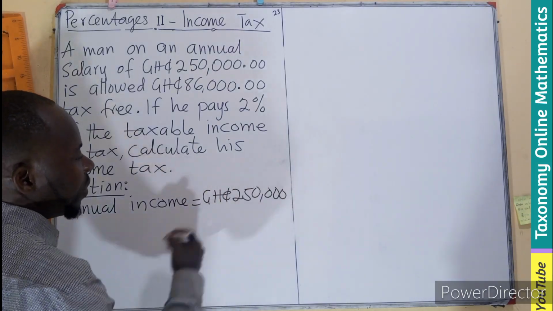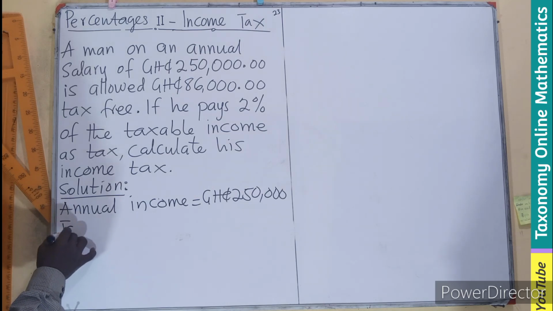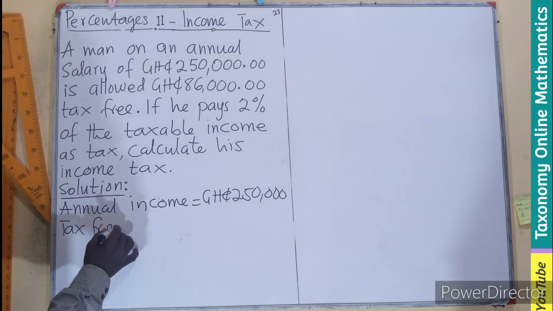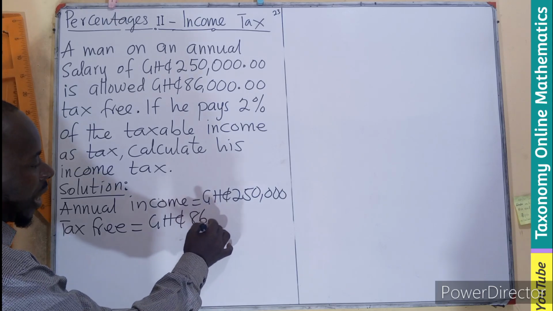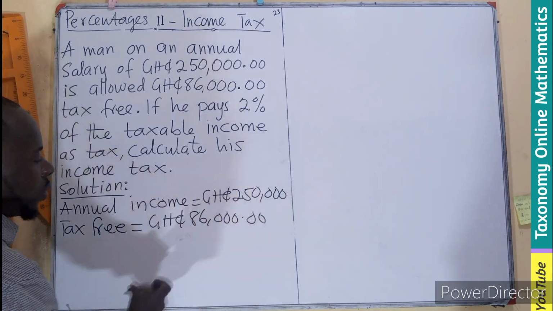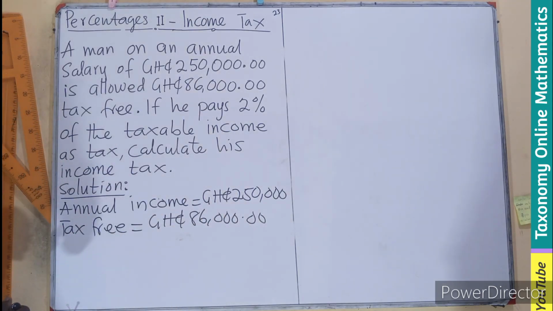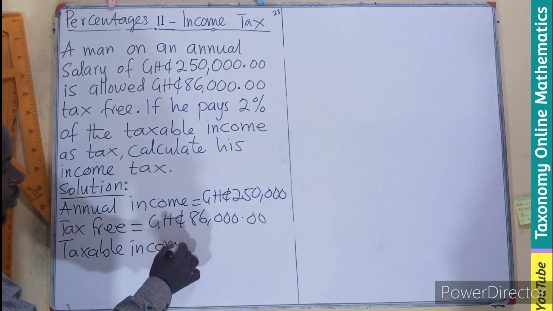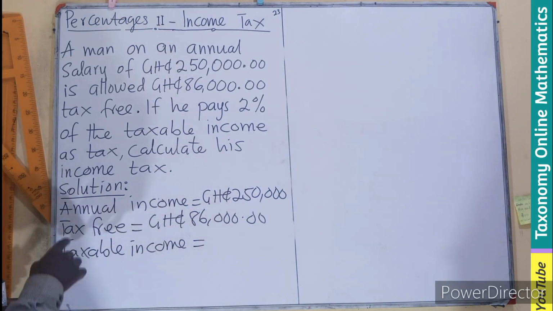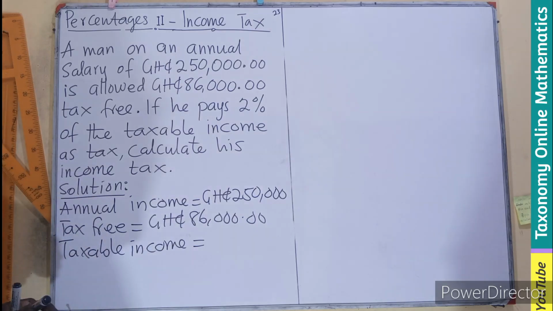as 250,000. We also know the tax-free allowance as 86,000. So now that we know the tax-free and the annual, we can easily find the taxable income. So taxable income is actually the annual income or salary minus the tax-free.